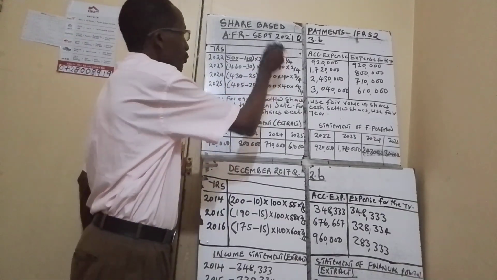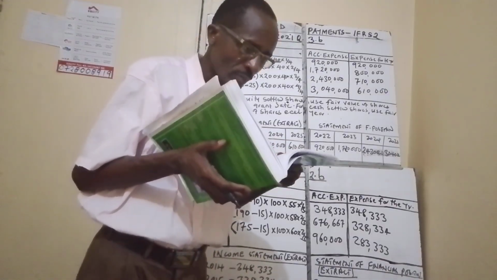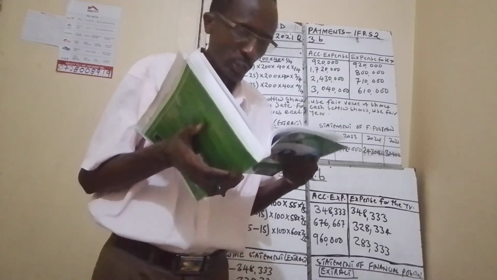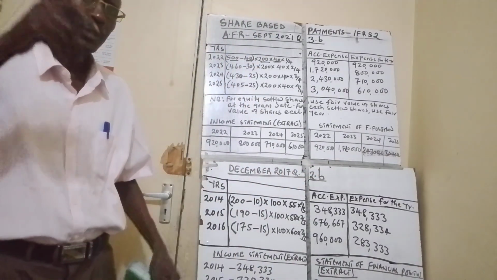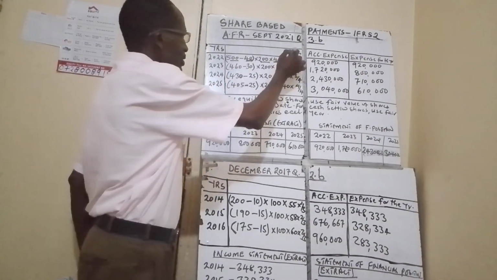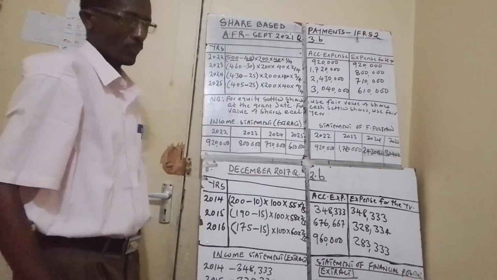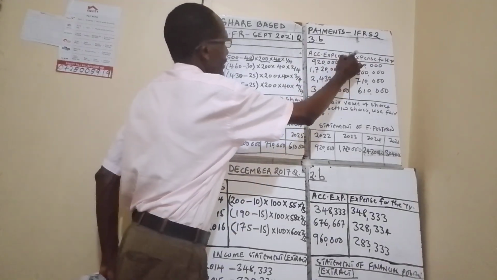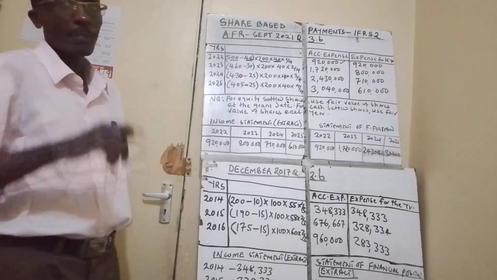So we multiply by 40, the price as at the grant date, given after the table: the fair value of the option was shillings 40 as at 1st July 2021. Then, these are 4 years, so for the first year you multiply by 1 over 4. The answer you get here is the accumulated expense for that particular year.